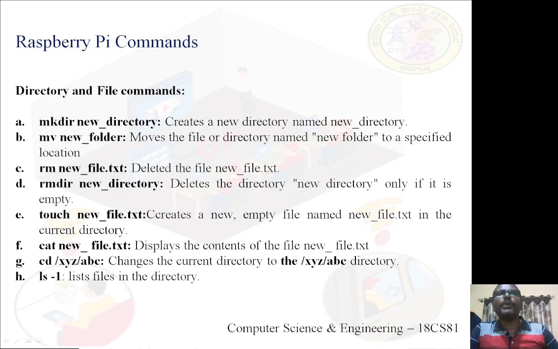rm means remove the file, delete the file. rmdir means remove the directory, delete the directory. Very important when I use rmdir: assume we are in the current directory.